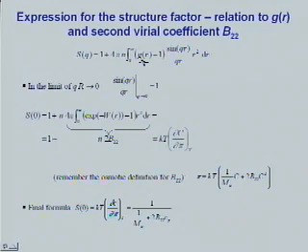But assuming that we have small particles, which is very often the case, this term here goes to its limit of 1. We can immediately derive some simple, useful expressions. And we're actually not going to solve the integral here because we don't need to. We're going to relate it to physically measurable parameters.